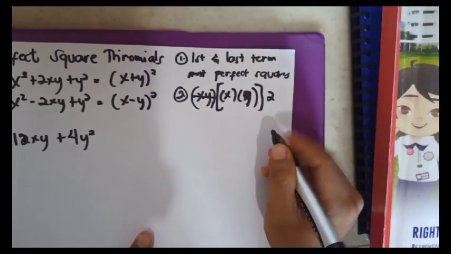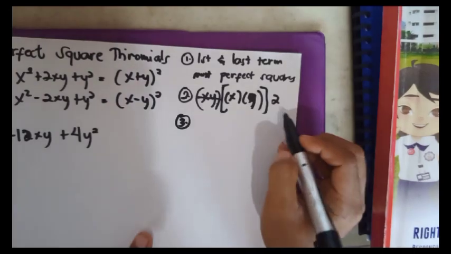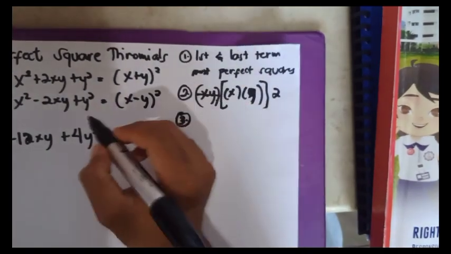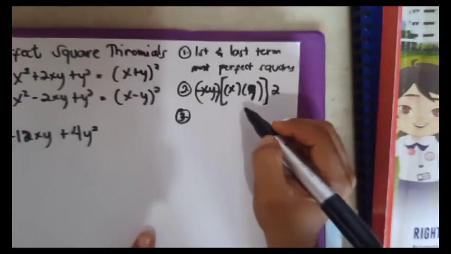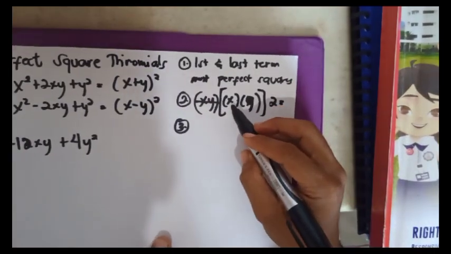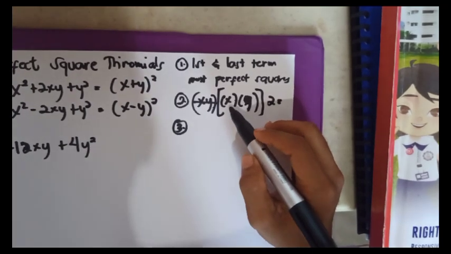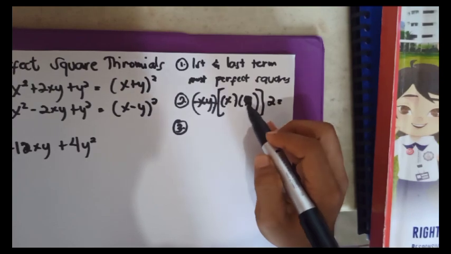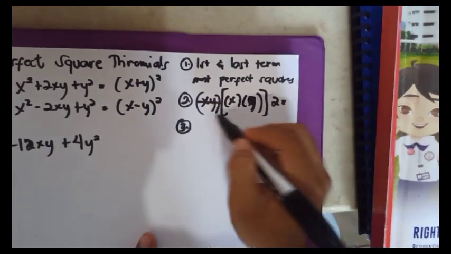Then the last is, if the middle term of the given trinomial equals the product in the second step, of multiplying the positive square root of the first term and the second term, and then multiplying them by 2. Now this is the rule, okay?